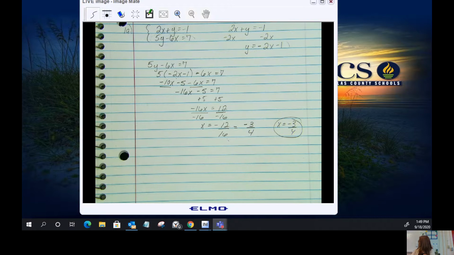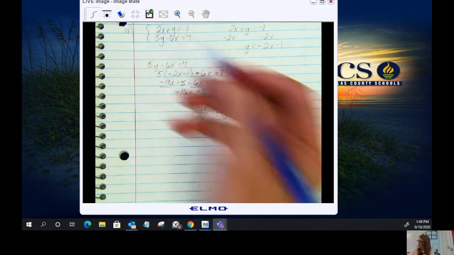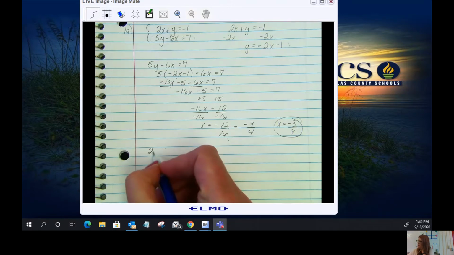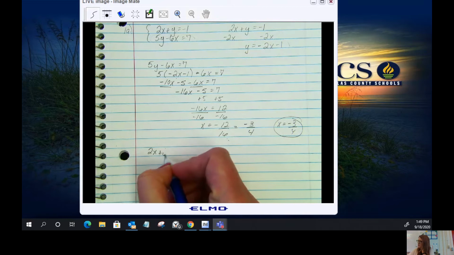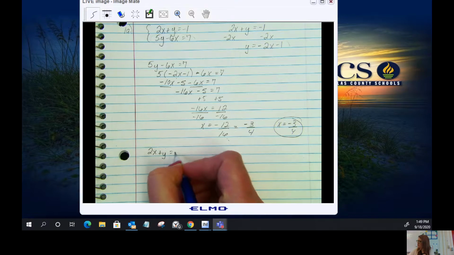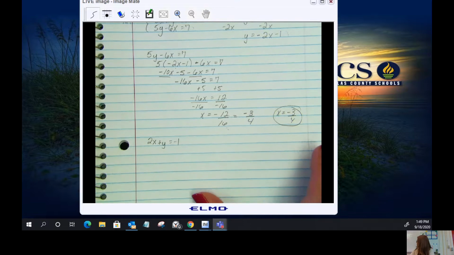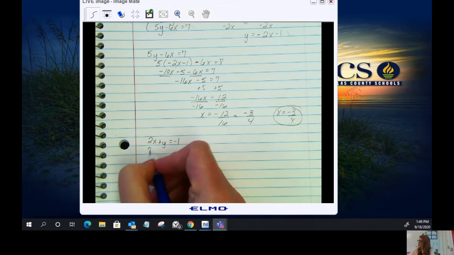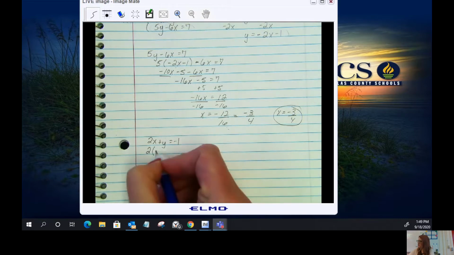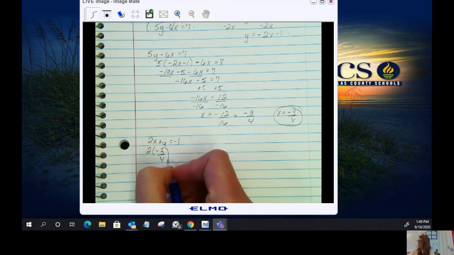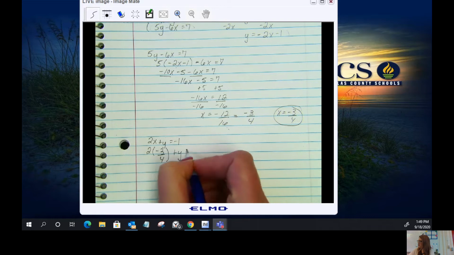We can grab either equation. Let's just grab the top one. Let's do 2x plus y equals -1, and x is -3/4. So let's put that in. 2 times -3/4 plus y equals -1.